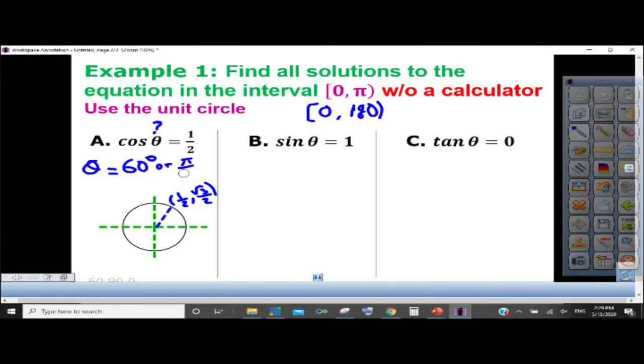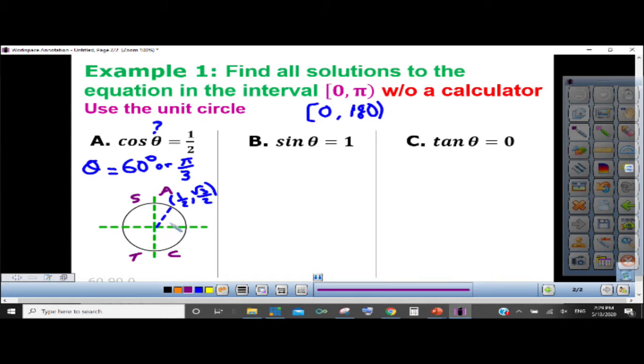So now let me think a little bit here. Could it be something else in this interval? Well, it really depends on your knowledge of the unit circle. Recall what we said about All Student Take Calculus, just this little mnemonic thing that we used to help us. So where is 60?